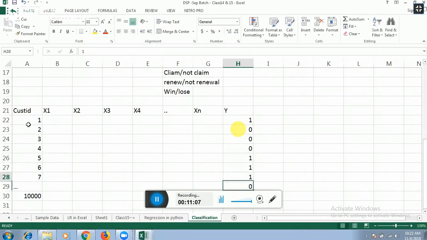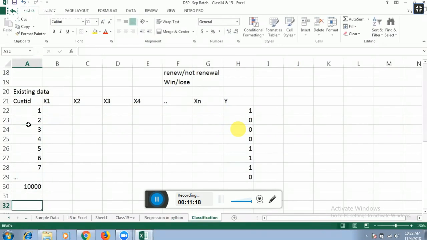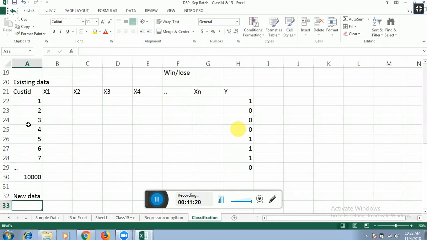So basically, what I'm saying is you will have existing data. This is my existing data, right? What do you want to predict? So you will have your customer ID and your X1, X2, and so on up to Xn, and your Y, you need to predict.